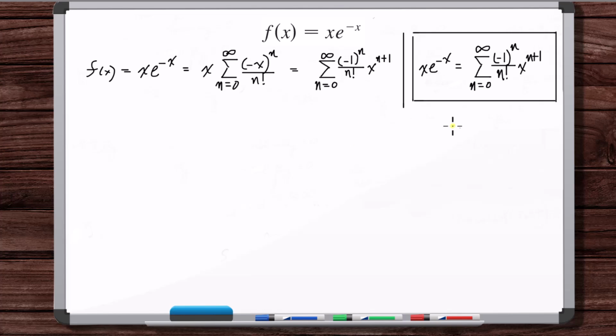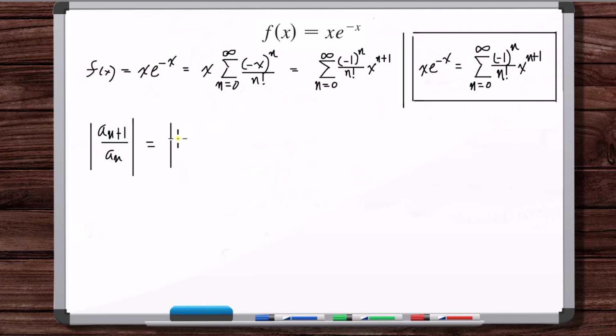Now let's also get the radius of convergence, because we'll have to consider that in the plot. So we'll do a sub n plus 1 over a sub n.